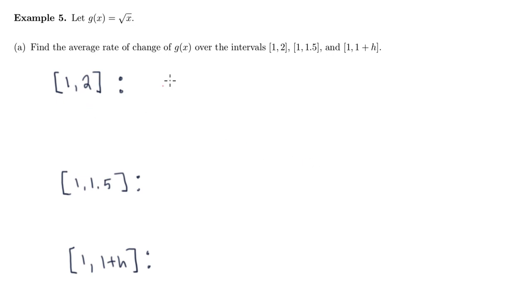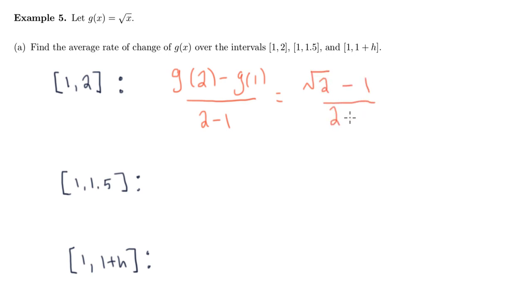So from 1 to 2, the average rate of change is just g of 2 minus g of 1 divided by 2 minus 1, which is square root of 2 minus 1 over 2 minus 1, which is just square root of 2 minus 1.